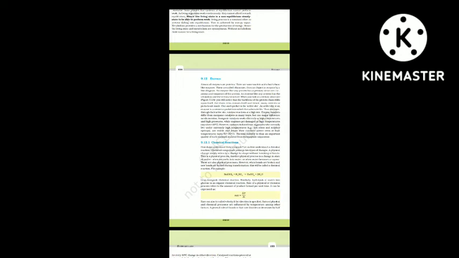Enzyme catalysts differ from inorganic catalysts in many ways, but one major difference needs mention. Inorganic catalysts work efficiently at high temperatures and high pressures, while enzymes get damaged at high temperatures, i.e., above 40 degrees Celsius.